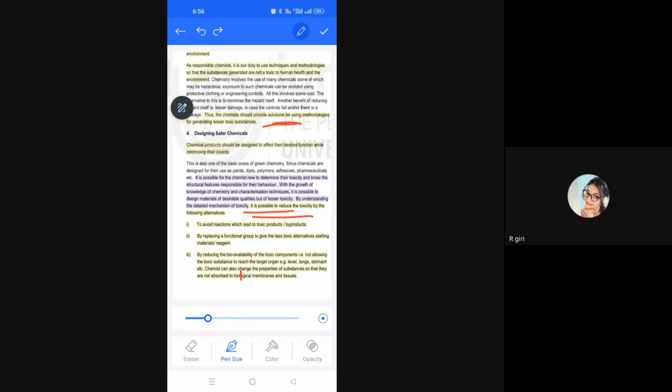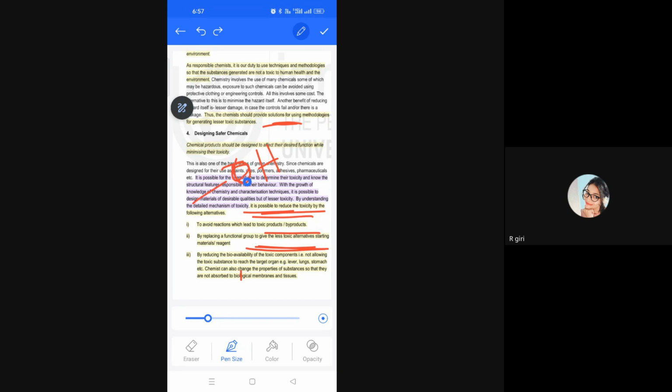Suppose one question arises: how can you reduce the toxicity of the chemicals? By obeying the following points. What are the points? To avoid reactions which lead to toxic byproducts. By replacing functional groups, as I have already told you. Suppose I am giving one example.